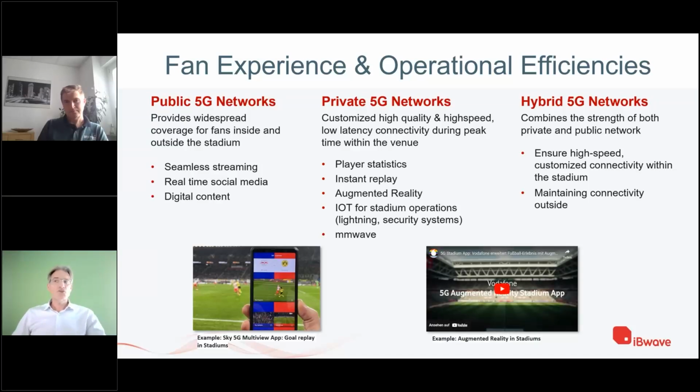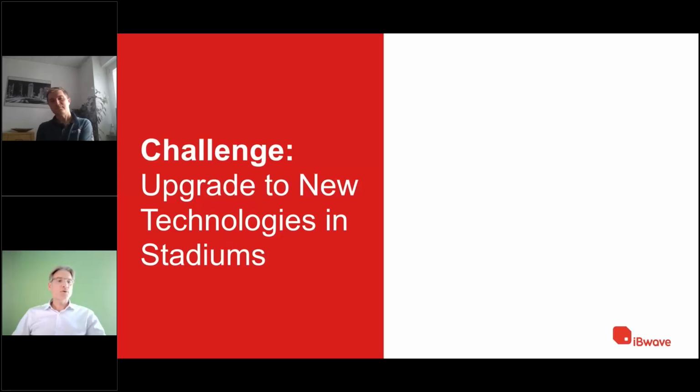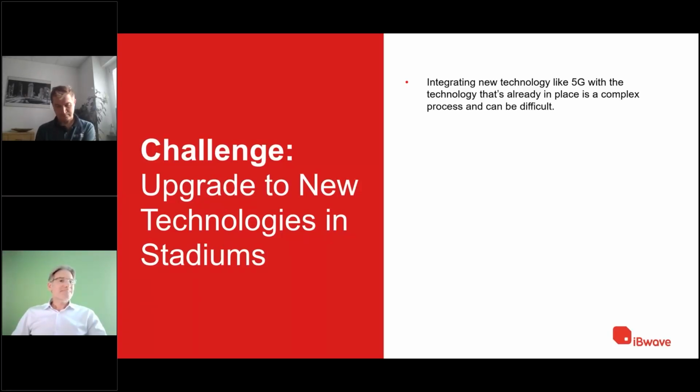Okay, so what are the challenges if you upgrade to a new technology in a stadium? There is an existing system already. All the stadiums have existing systems like a 4G network or Wi-Fi network, and adding a new technology is not only a complex process. In some cases it's really difficult, because you need to have space for maybe new antennas if you can't replace them, things like that.